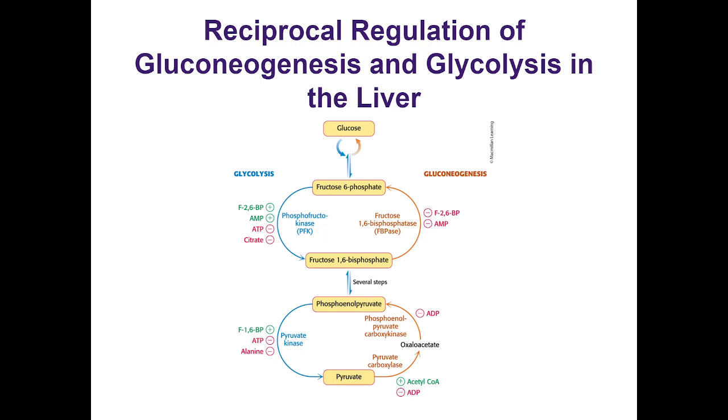What does high AMP levels mean? I'm running out of energy. Yeah, so when you're running out of energy, do you want to use up all your energy making glucose? No, that wouldn't make much sense.